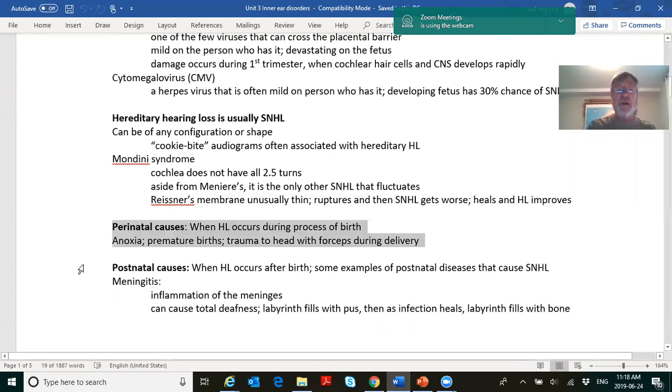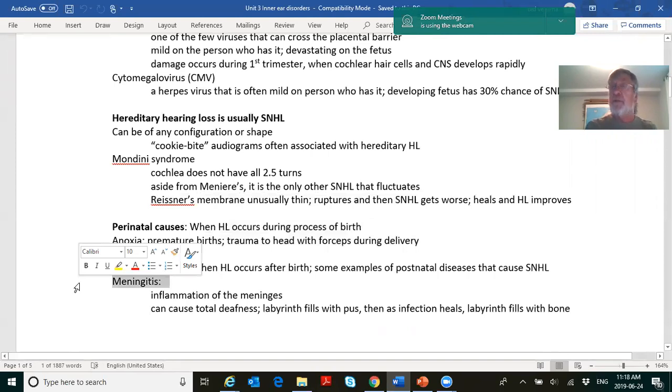Postnatal, when hearing loss occurs after birth. Some examples of postnatal diseases that cause sensory neural loss would be meningitis, inflammation of the meninges. And remember what meninges is. The sac that surrounds the brain. Cerebral spinal fluid surrounds the brain.